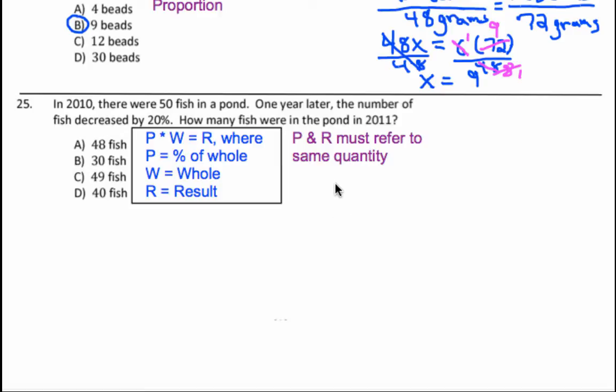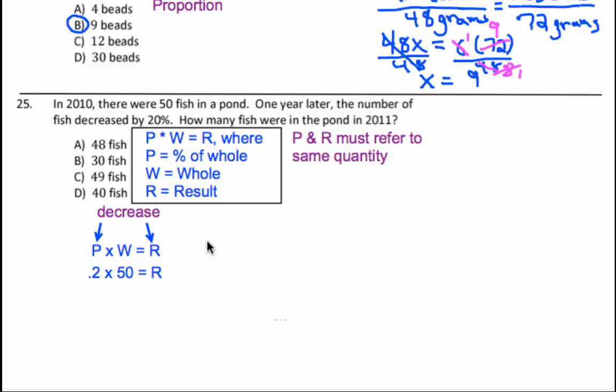Now, you need to remember that P and R must refer to the same quantity. So in this example, since P is 20%, but it's the amount of the decrease, R must also refer to the amount of the decrease.